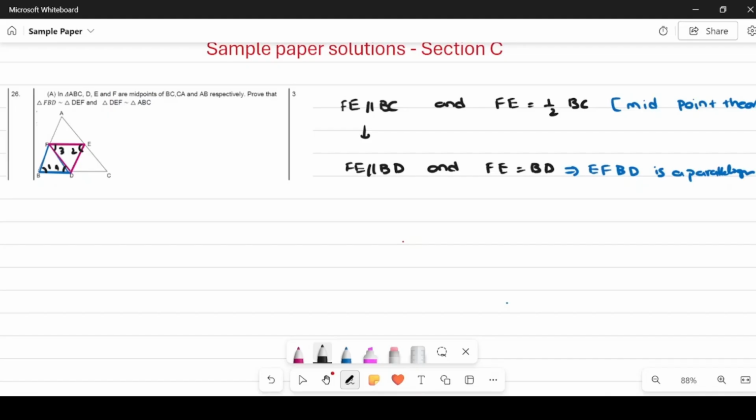That's all. So consider triangle FBD and triangle DEF. Angle 1 is equal to angle 2 since opposite angles of a parallelogram are equal, and we proved that EFBD is a parallelogram here. Then angle 3 is equal to angle 4.